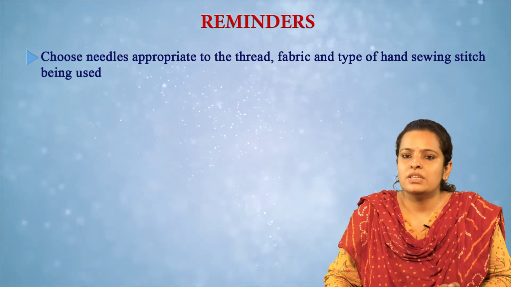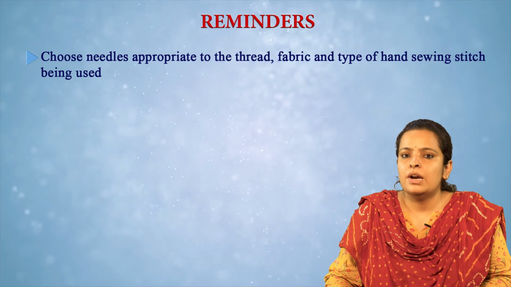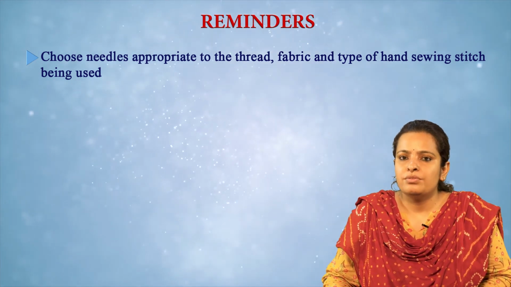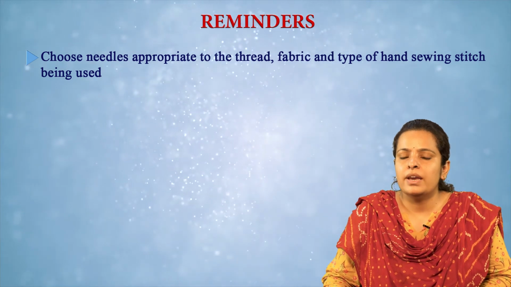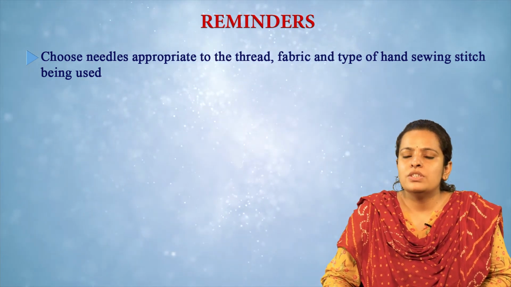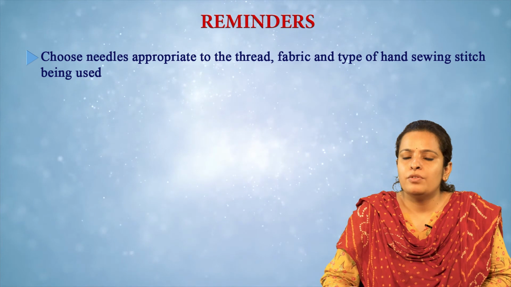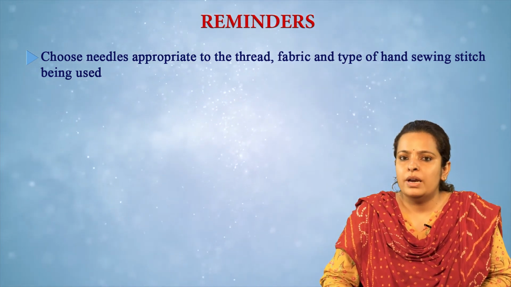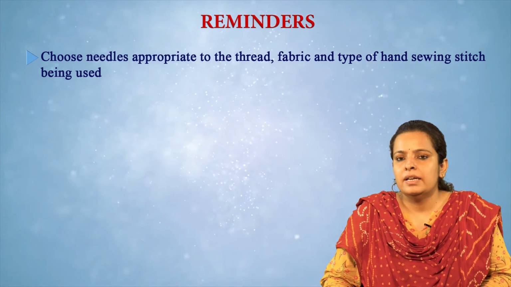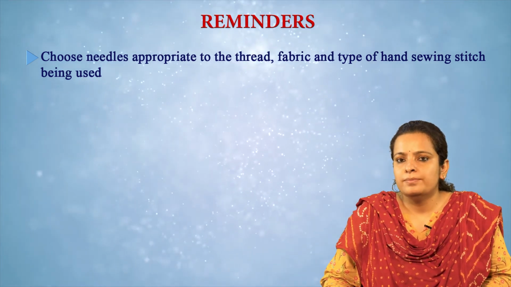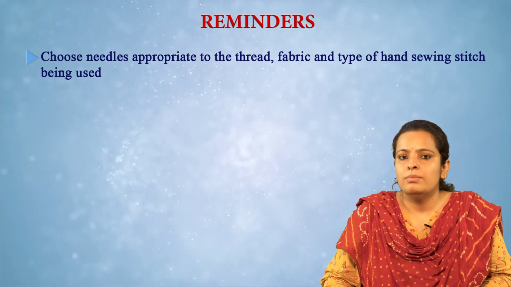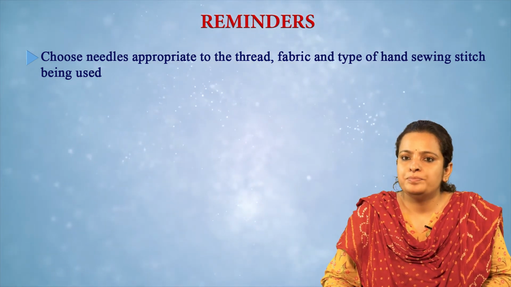And for just doing a running stitch or the basting stitch, we need different types of thread and needle. So it is very important to know which type of needle and thread is appropriate for your fabric. The fabric and the type of hand sewing stitch are also important.